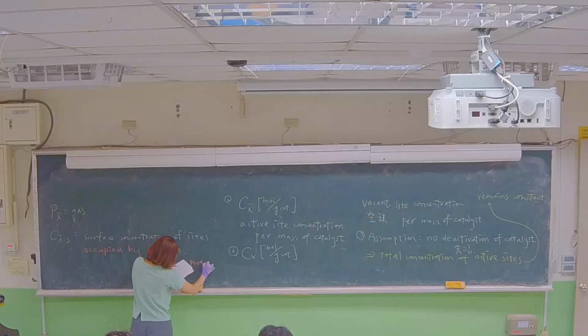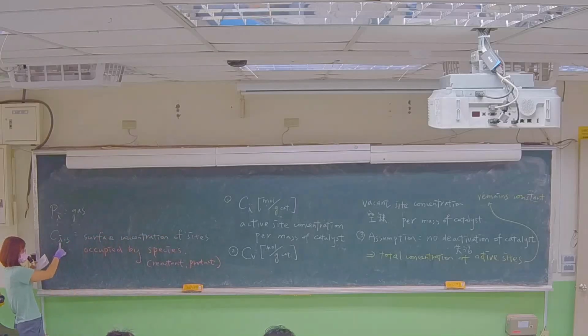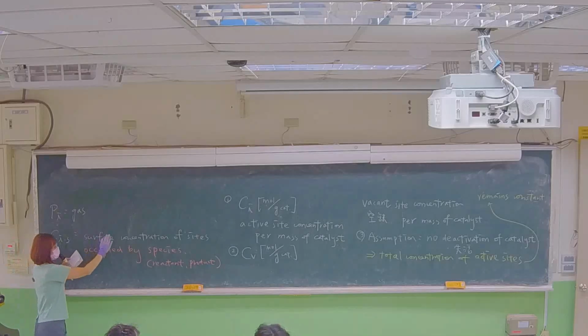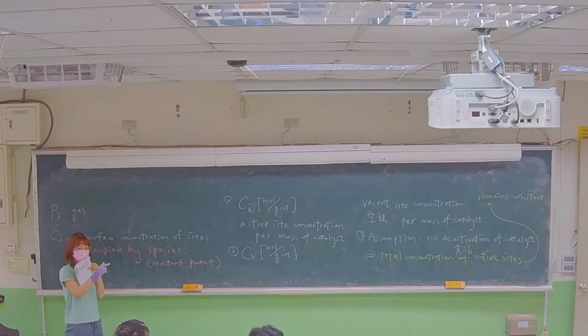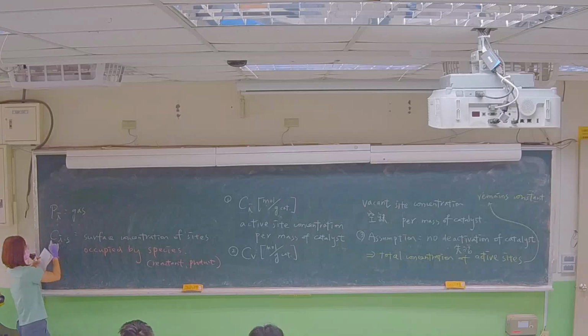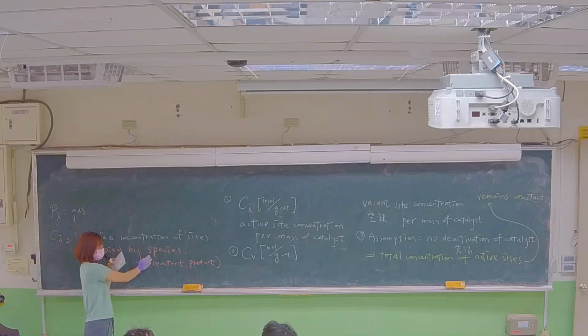If the reactant is A and the product is B, I can be A or B, right? So if you replace I with A, CAS means the concentration of sites occupied by reactant A. And CBS means the concentration of sites occupied by product B.